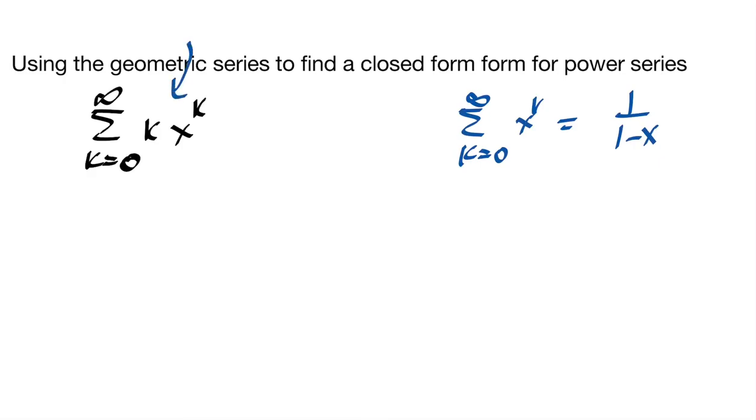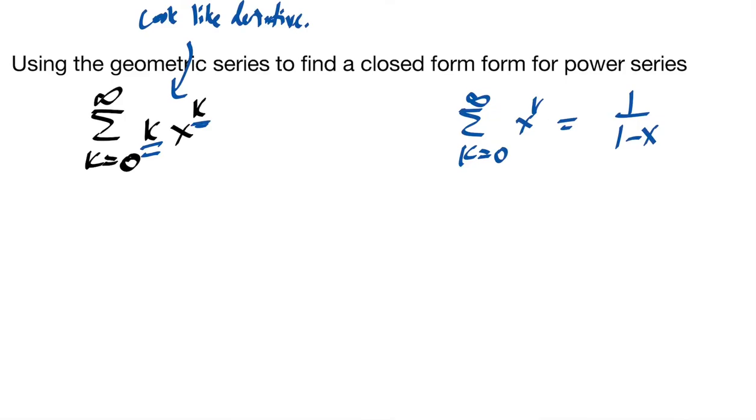And if you look really close, now this is what's not obvious, but over time you start seeing this. We've got the k and then a power, so this looks like a derivative. Right? This looks like a derivative.